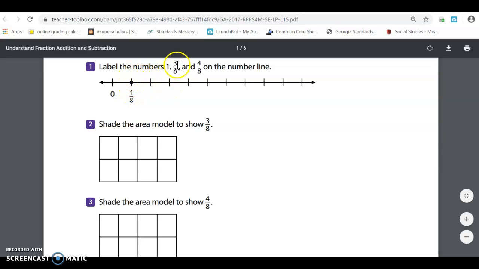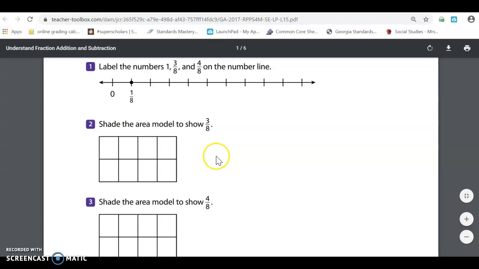This mark right here represents 3/8. As we move on down, this will represent 4/8. So we have 3/8 and 4/8, but we still need to get to one whole. So we will have 5/8, 6/8, 7/8, 8/8, which is equal to one whole, 9/8, and then 10/8.